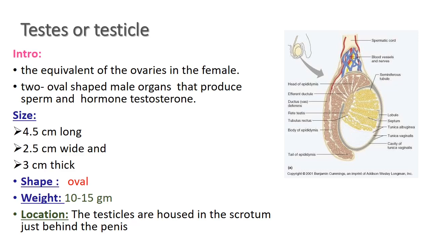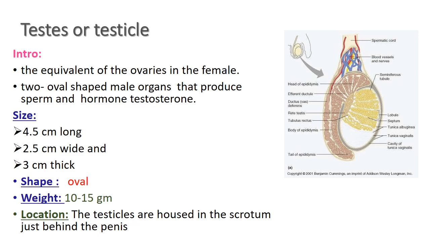Okay, now we learn about the testes, or we can say testicles. See in the figure, this is the oval shaped testis. The equivalent of the ovaries in females, it is the same organ as in the female: in females the sex organ is the ovaries, and in males it is the testis.